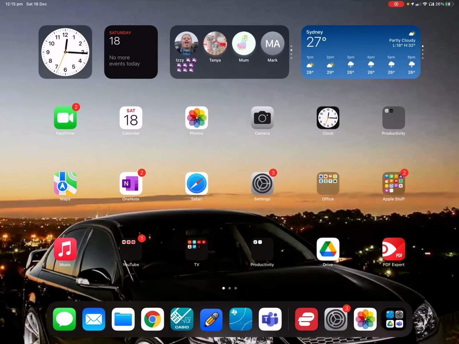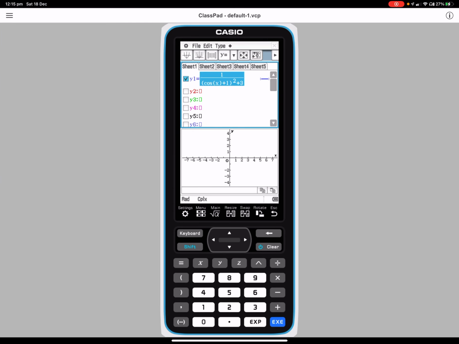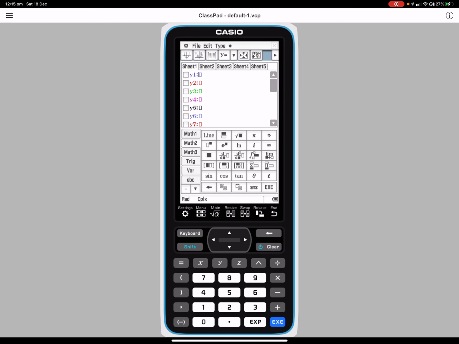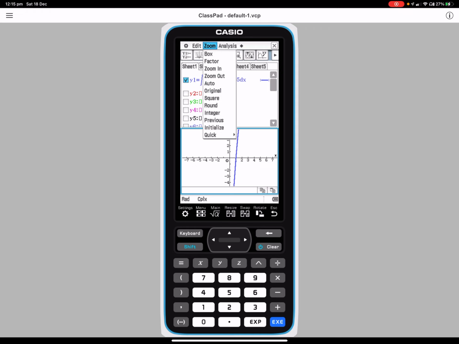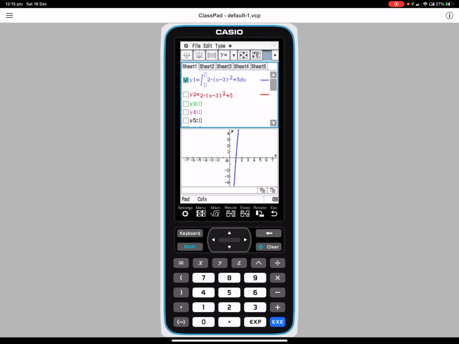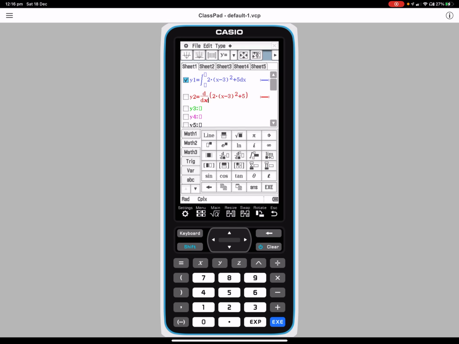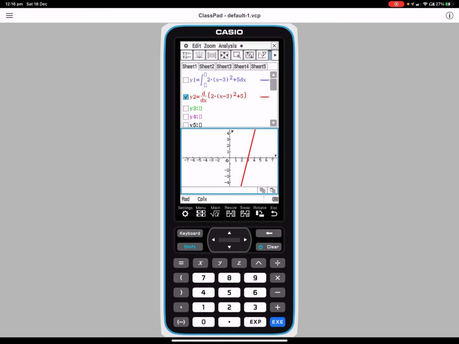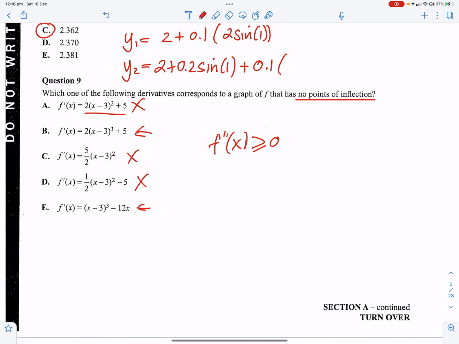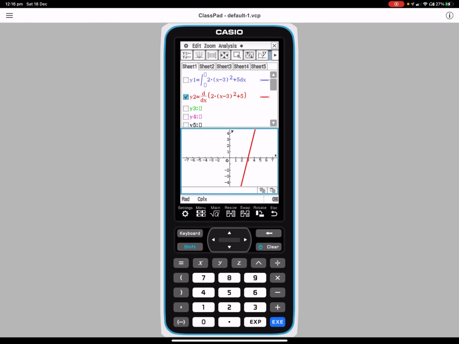Let's sketch the antiderivative of that. So integral of 2x minus 3 squared plus 5 dx. So that's the original graph. Oh, I want to sketch the derivative. So d dx, x minus 3 cubed.